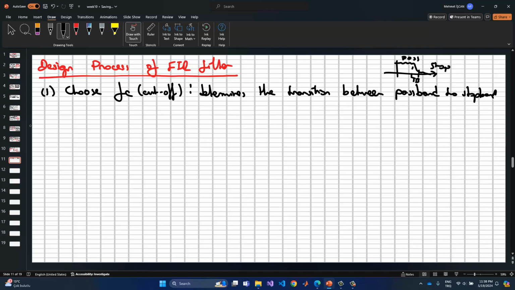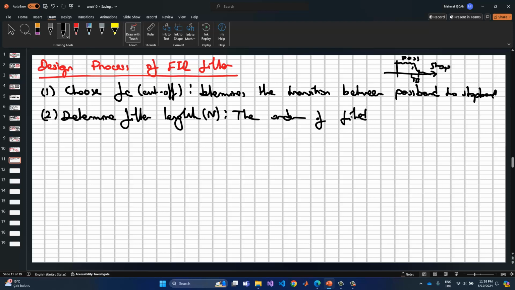Okay, and so in the second step we need to determine the filter length and the order of the filter. The length is determined by selecting by these things.